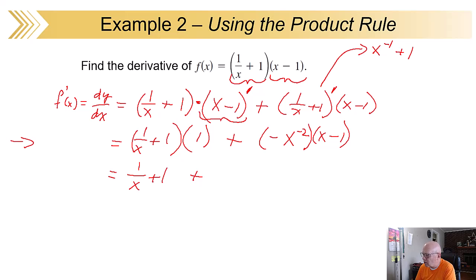I might want to quickly rewrite this one. This is negative 1 over x squared. And I'm going to multiply that times this x minus 1. So minus 1 over x squared will be minus x over x squared. We'll work this out later. That's this times the first term.